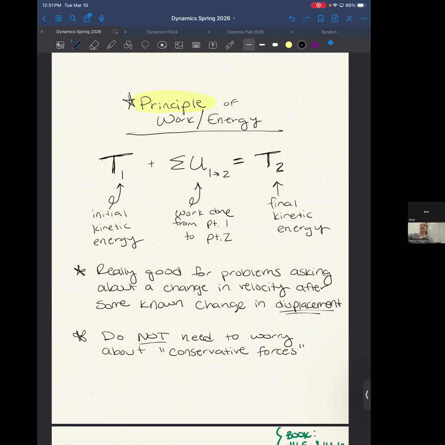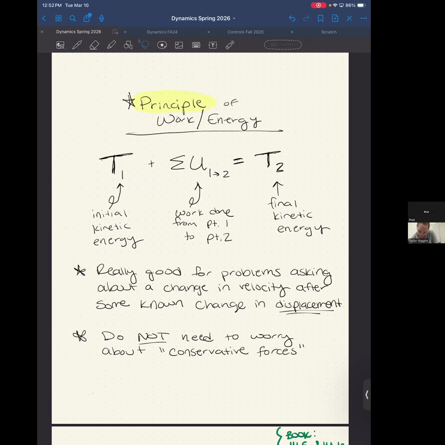Because friction is a non-conservative force, which means that we could not use the conservation of energy equation, but we can use this one. You don't need to worry about when you're allowed to use this or when you're not. You can always use this. You can't always use conservation of energy. Yeah, I can see how that's not worded great. You don't need to worry about the concept of conservative.